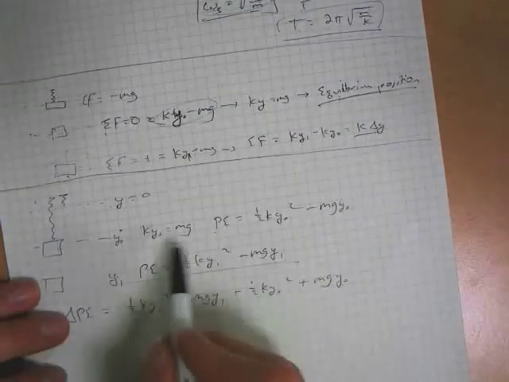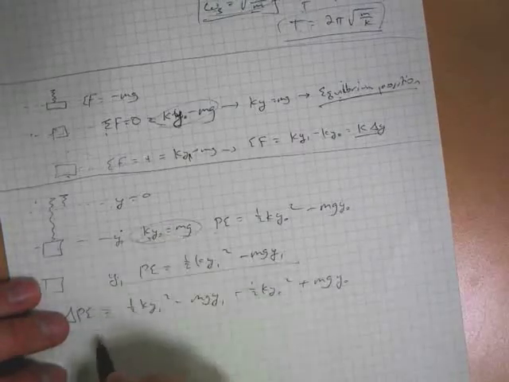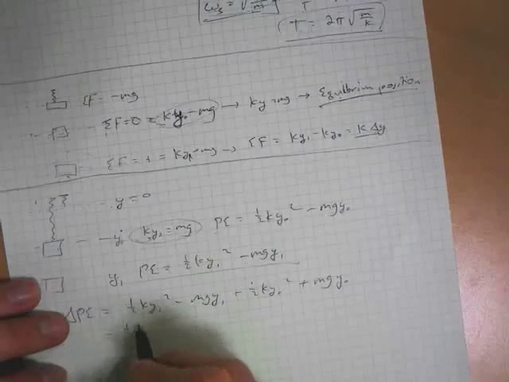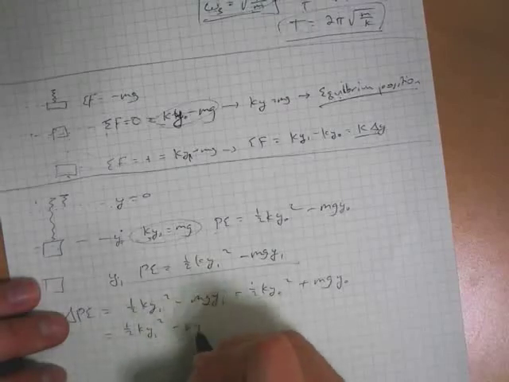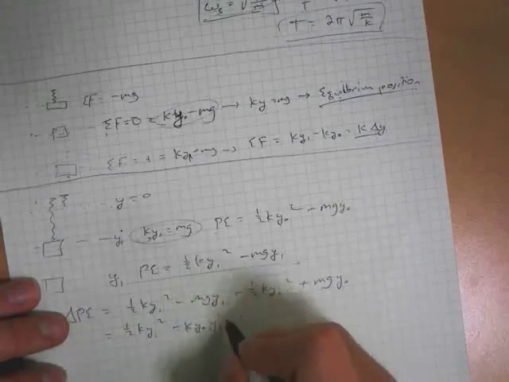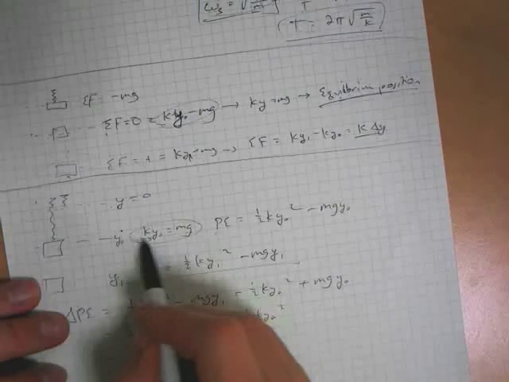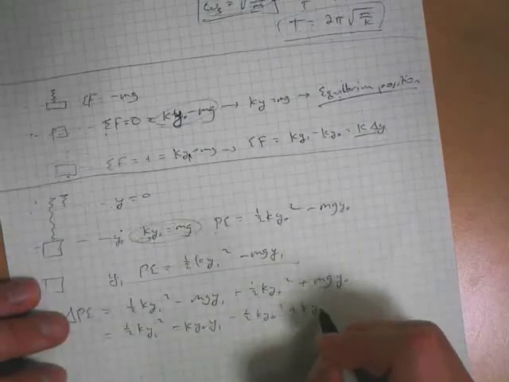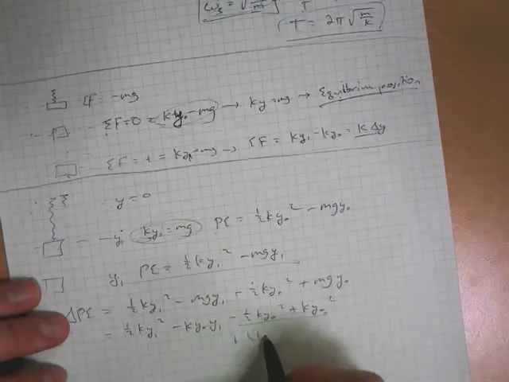We know at this equilibrium position ky naught equals mg. So we can make that substitution, plugging in ky naught for mg: minus ky naught y1 minus 1/2 ky naught squared. And these are like terms, so that gives us a plus 1/2 ky naught squared.